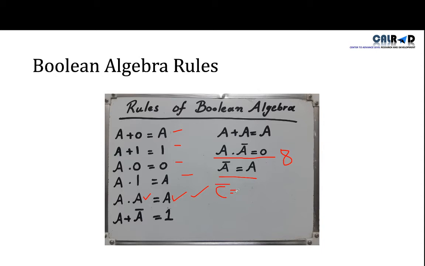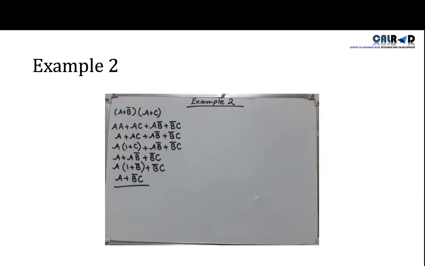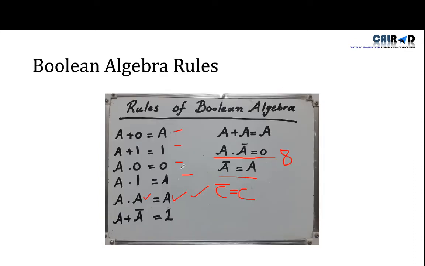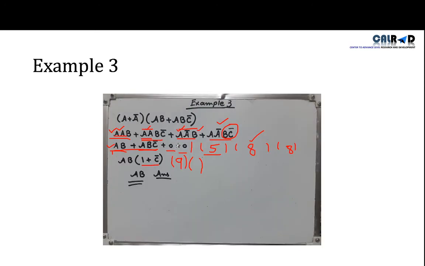C bar will be equal to C. So to convert C bar into C, we apply rule number 9, and 1 plus A is equal to 1, so 1 plus C is also equal to 1, so we apply rule number 2. So what is 1 plus C? That is 1, so our remaining is A into B.